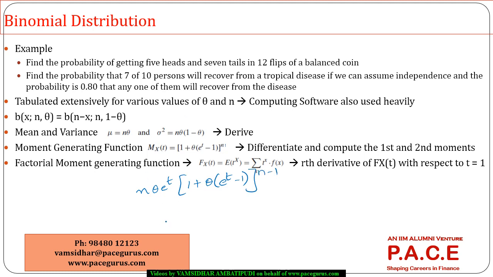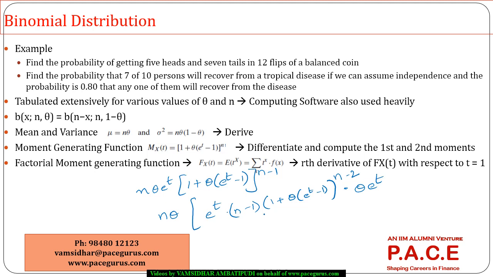So I can very well take out n theta. Now find out the derivative: e power t times (n minus 1) into (1 plus theta (e power t minus 1)) to the power n minus 2, right, into theta e power t.